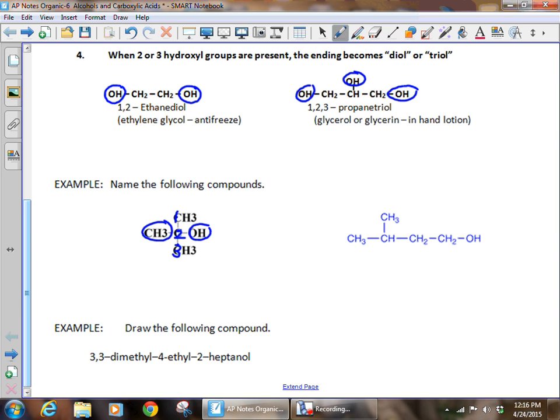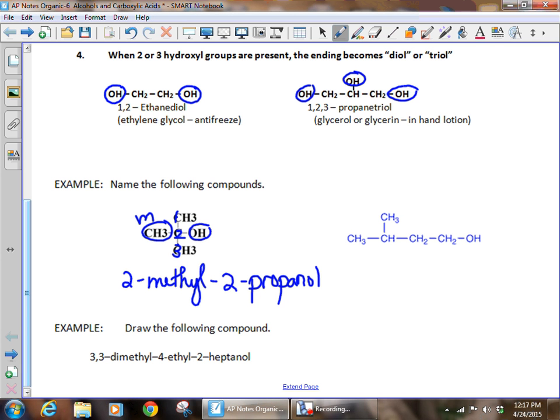So it looks like we've got 2-methyl, because that's where the methyl group is. And then since the hydroxide is on the 2 carbon, it's 2-propanol. 2-methyl, 2-propanol.